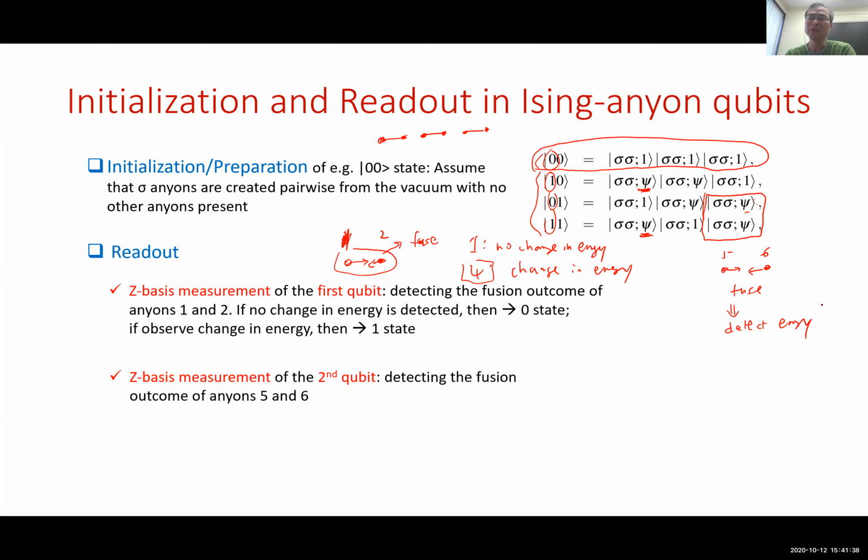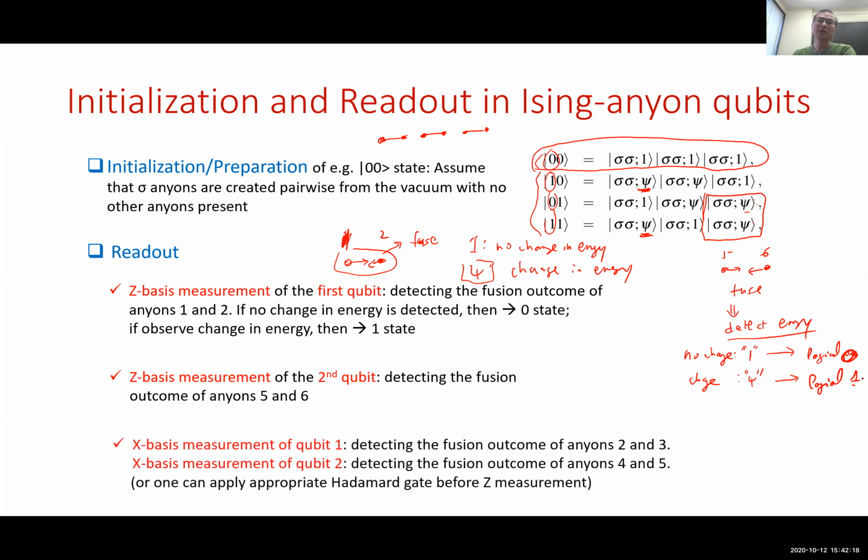So depending on how you implement these anyon. But if you can detect the energy change, if you don't see energy change, no change, that means that's the vacuum. That means it's logical 0. If there's a change in energy, that means it's a psi that you detected. So this is logical 1. Okay, so this is how you measure in the Z basis.